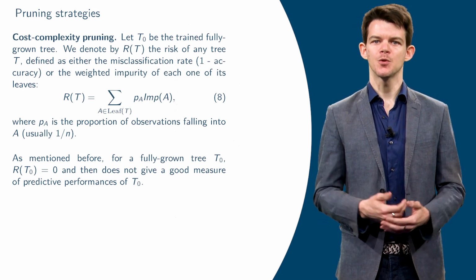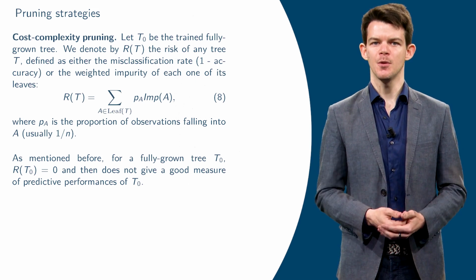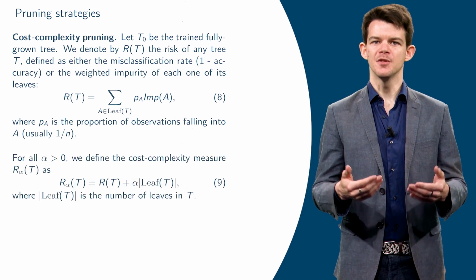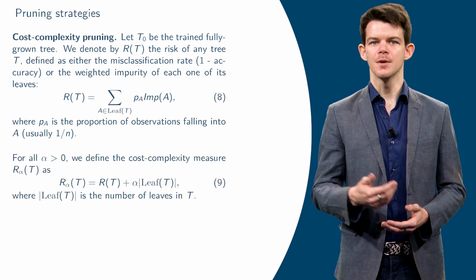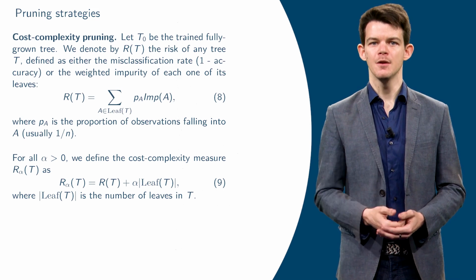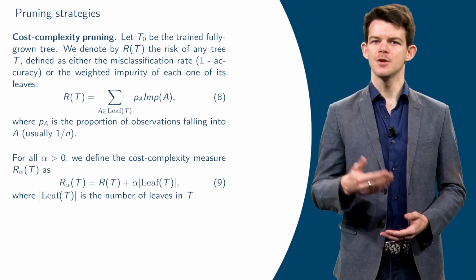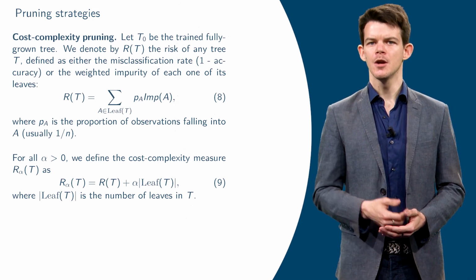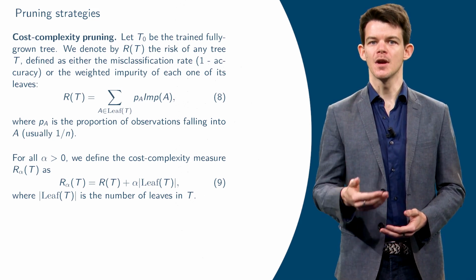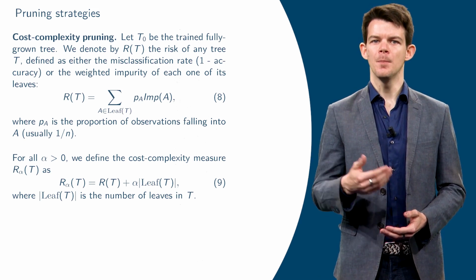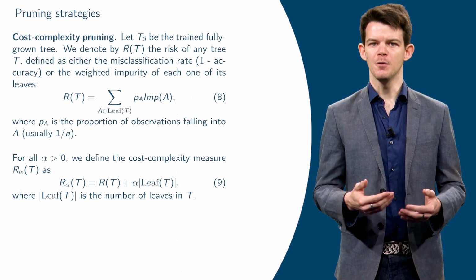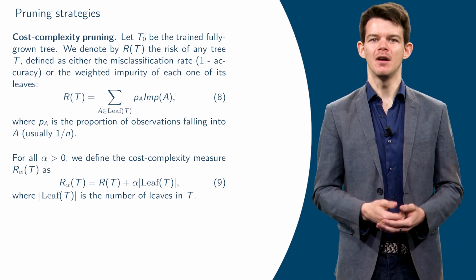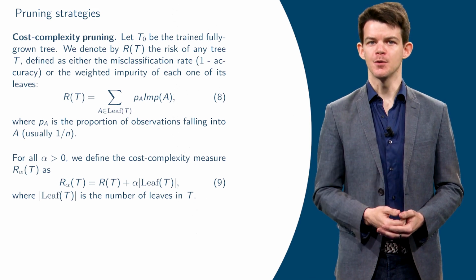However, as we have seen, the training risk does not reflect the prediction performance of the tree on a new dataset. Let us define, for any positive alpha, a cost complexity measure that we write R_alpha(T) for each tree T. This measure is a sum of two terms, the first one being the risk of the tree T computed on the training set, in other words R(T), and the second one being a penalty term involving the parameter alpha and the number of leaves of the tree T. This measure R_alpha(T) is a penalized version of the risk R(T).